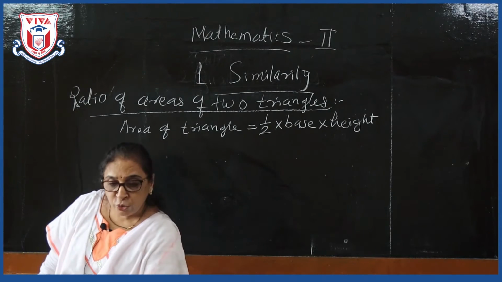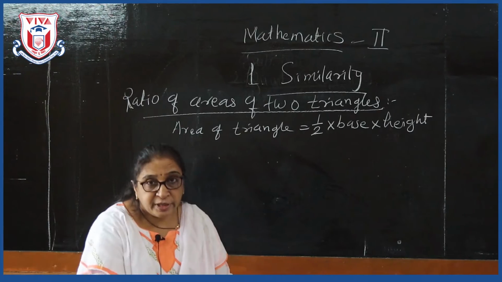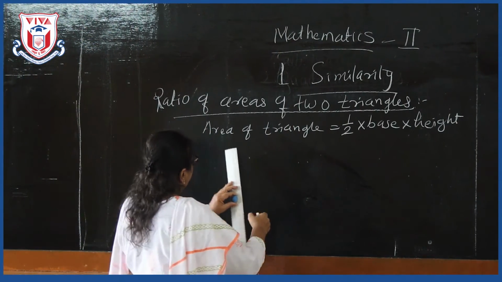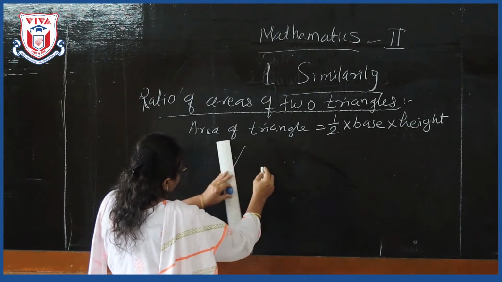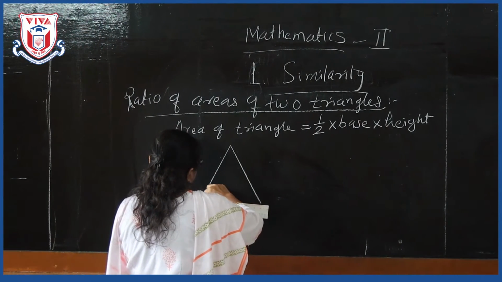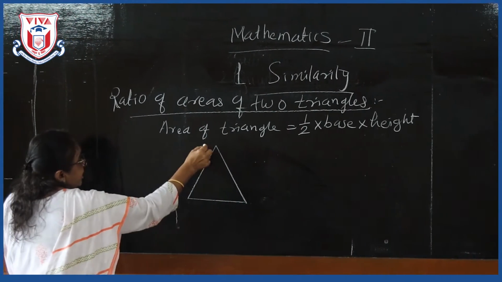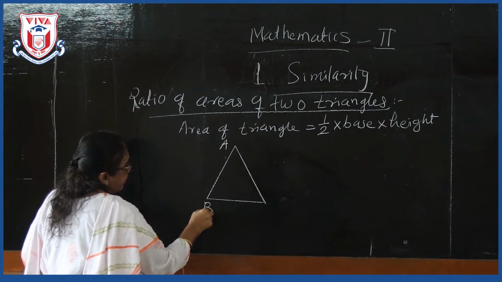First of all, you must know what is called the height of a triangle. If we draw a triangle, suppose this is a triangle ABC.